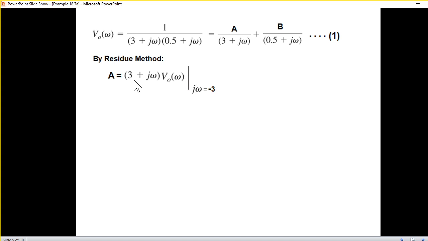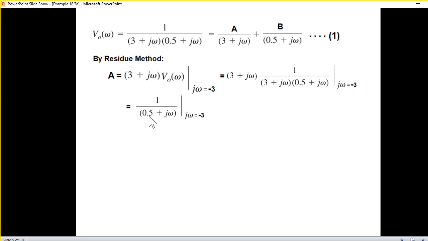When we put 3 + jω equal to 0, jω becomes minus 3. So this is the condition that we'll apply. Now we'll put in the value of V(ω) here: it will be (3 + jω) times our V(ω). Now 3 + jω and 3 + jω get cancelled.